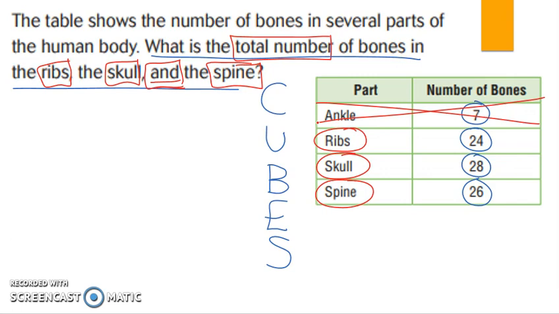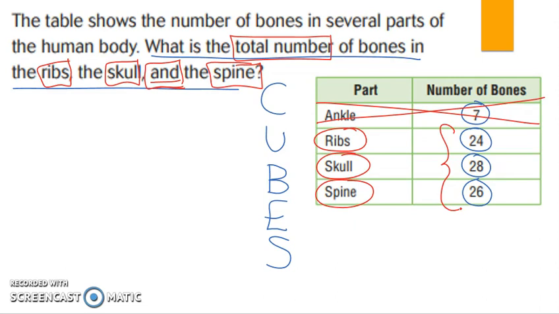So now we want a total number, and we want the ribs, the skull, and the spine. We're going to go ahead and add up these three numbers right here. Now we will be using the commutative property of addition because the order does not matter.